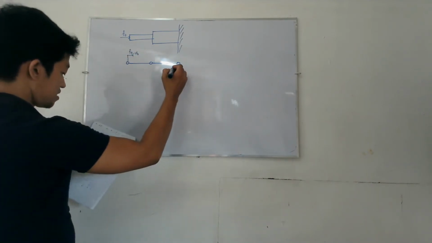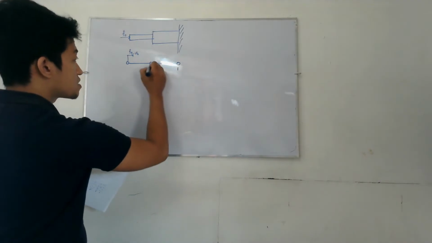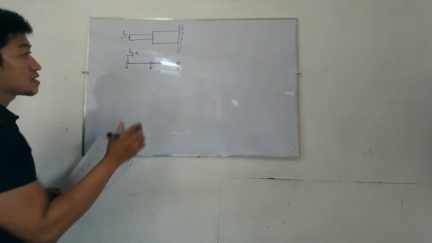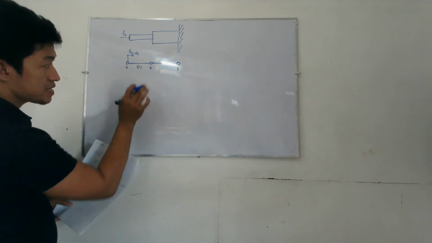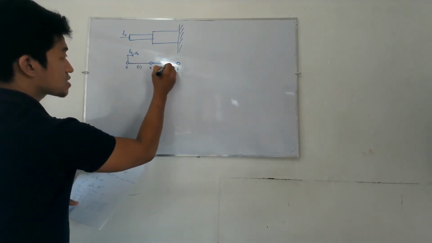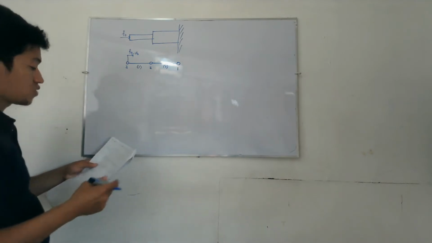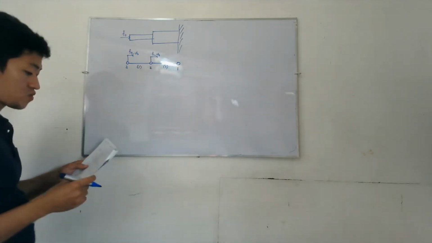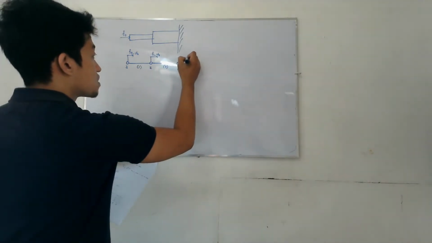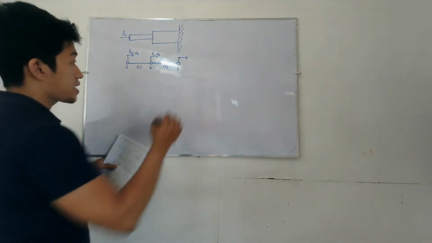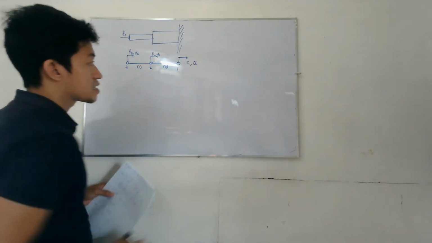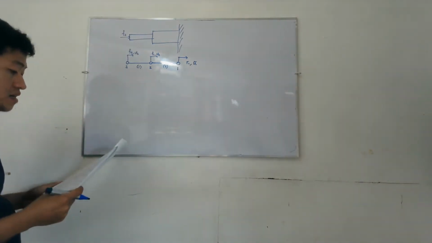Okay, so this is node 1, 2, 3. Okay? This is element 1. This is element 2. So in element 2, you have force 2, U2. And for element 1, you have reaction R1 and displacement U1 with bar.